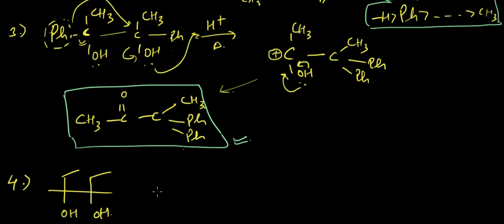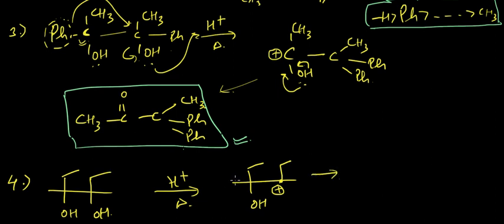OH, and again in presence of H plus we heat it. Again what will happen, you can select any of the carbon atoms to form a positive charge because both are identical. Then what will happen is we have a CH3 group here, and we have an ethyl group here. So what will move?